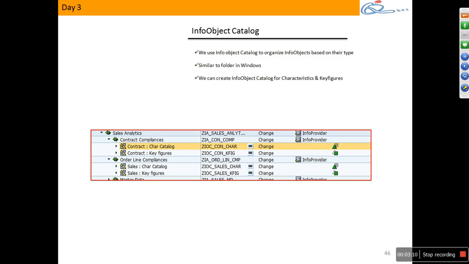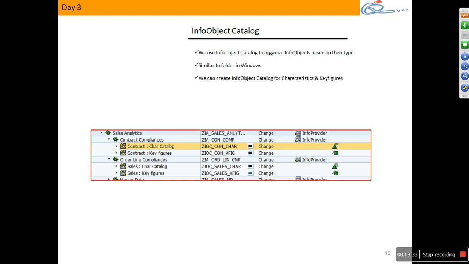So once we have the InfoArea, under this we're going to create different types of InfoObjects. In order to organize those InfoObjects based on their type, I would like to have all the characteristics in one folder and all my key figures in one folder. That is what is done by InfoObject catalogs.